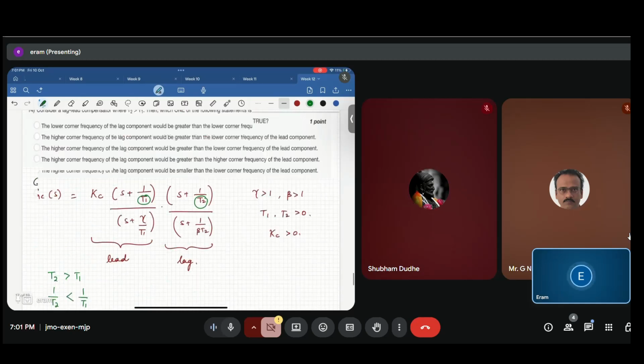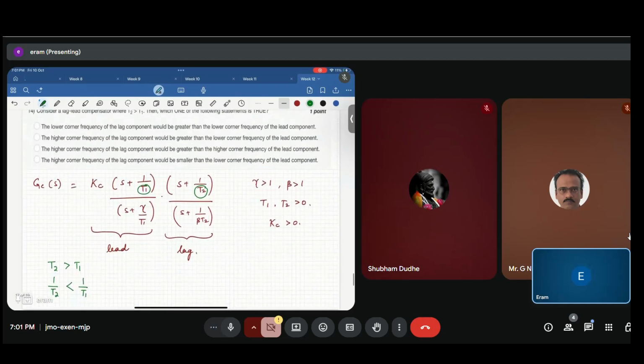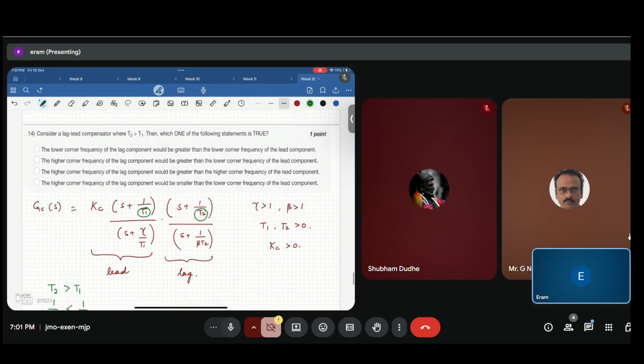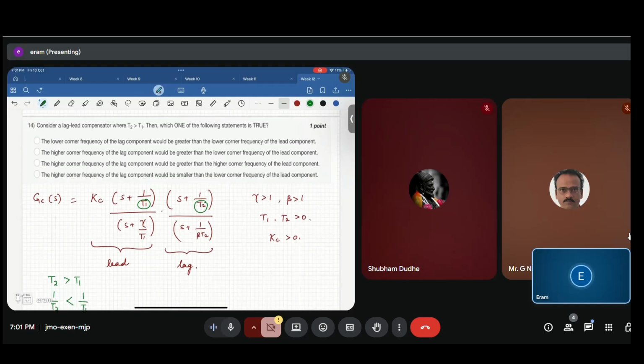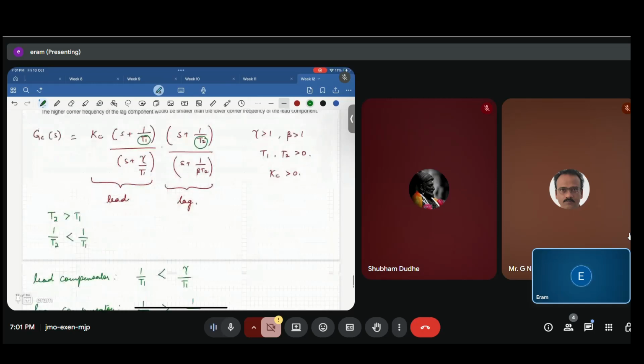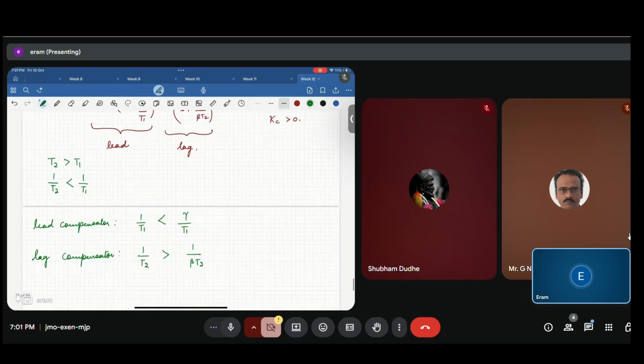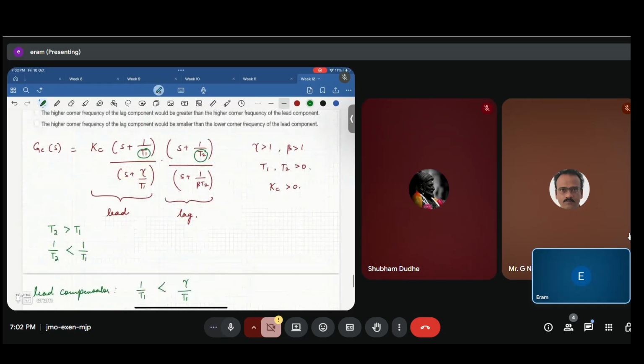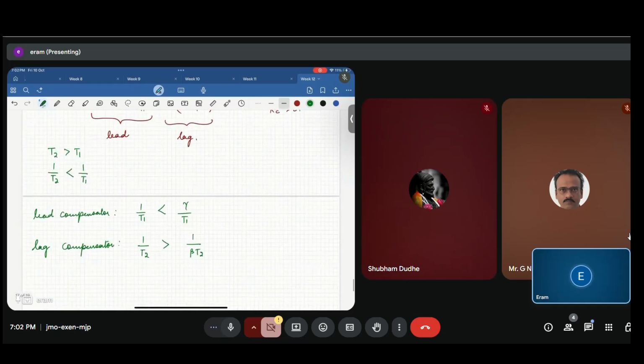Now let's see what options we are given. First we have to figure out which one is the higher corner frequency or lower corner frequency of the lag compensator. If we see the lag compensator, which one is the higher corner frequency? 1 by T2.